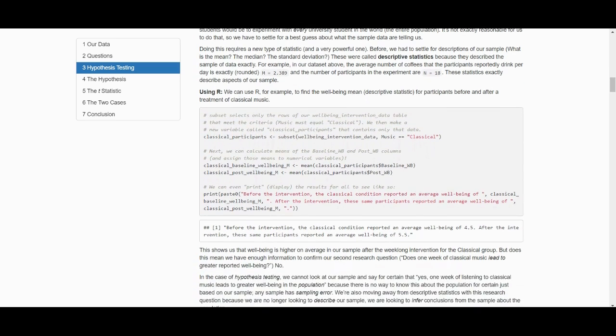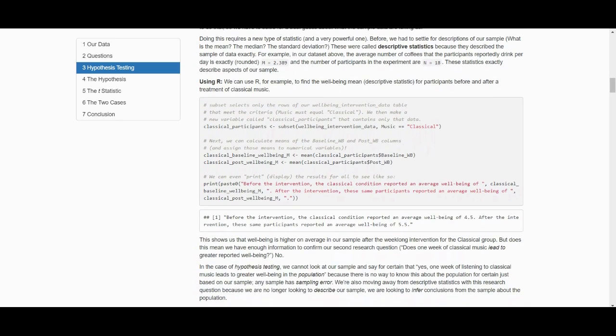For example, in our dataset above, the average number of coffees that participants reportedly drink per day is exactly, or at least rounded to, 2.389. So that's an exact number, an exact description of this sample. The number of participants in this experiment and in this sample is 18. These statistics exactly describe aspects of our sample.